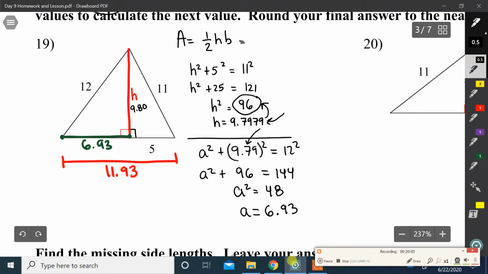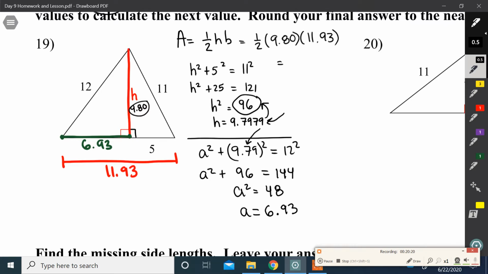So the area is half of the height, which is 9.8, times 11.93, which is the base. So I'm going to multiply that times 9.8 times 0.5, and that's going to give me 58. What I got on my calculator was 58.44.